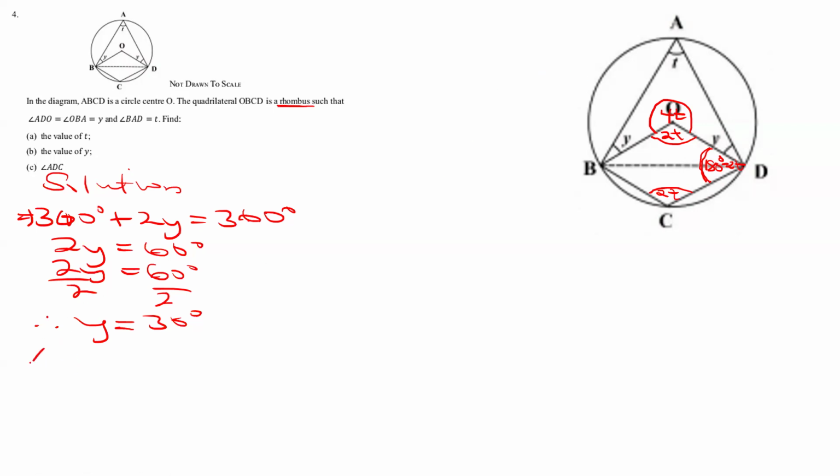So I can say that angle ADC is made up of, is equal to this angle here, which is y. So angle ADO, plus this angle here, the entire angle here, angle ODC.